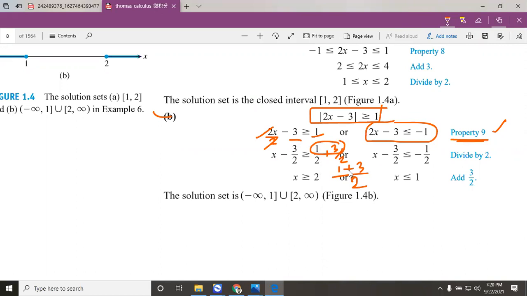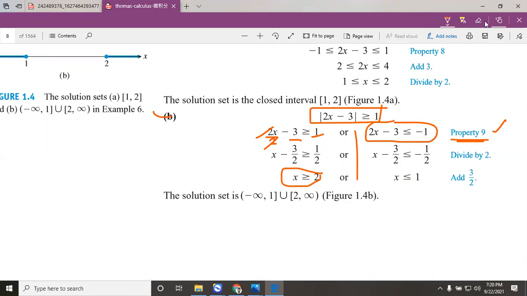So 1 plus 3 is equal to 4, and below 2. 4 divided by 2 is equal to 2. Yes. So this way we get the answer: x is greater than or equal to 2.